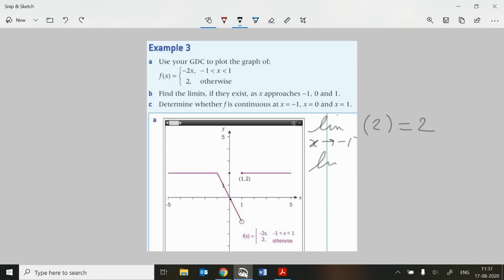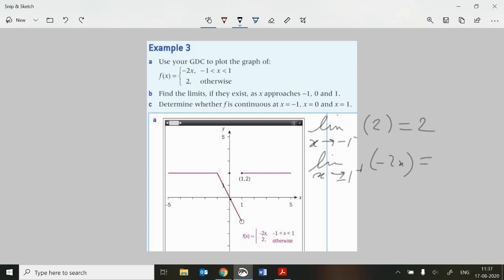Okay, and we're going to look at x tending to -1 from the positive direction. And in this case, we're going to need to use this function here because we're essentially coming up the line here. And so the function is going to be equal to -2x in that case. And again, we can see pretty easily from the graph what that's going to tend towards.